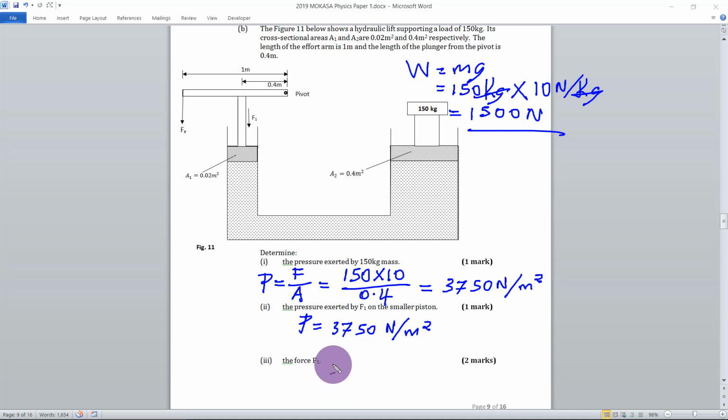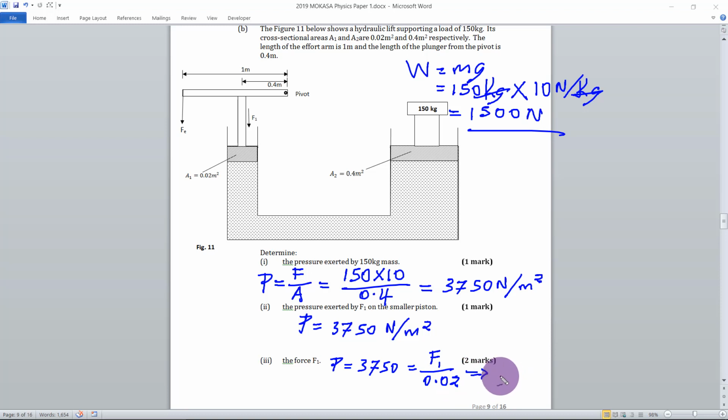For us to do that, we have got to say that the pressure exerted by F1 on this piston is equal to the pressure that is produced by the piston in the liquid. So that pressure is 3,750, and it was produced by exerting F1 on the area of 0.02.